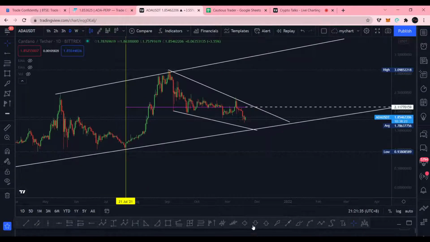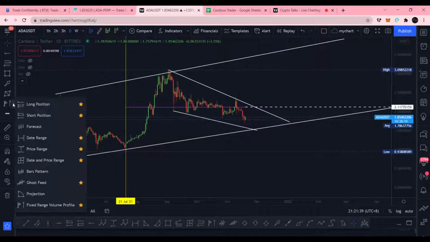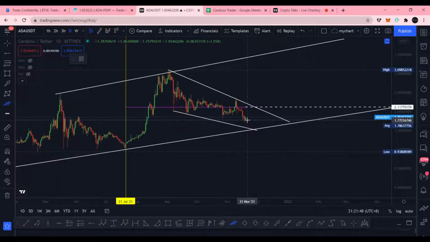So yeah. Well, anyway, there's a ghost feed here. Even when I was still exploring TradingView, there is a ghost feed that you can add if ever.